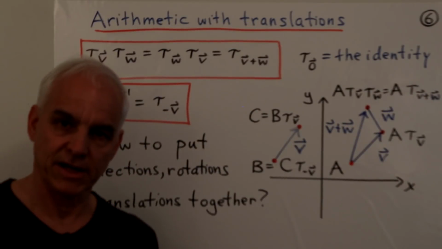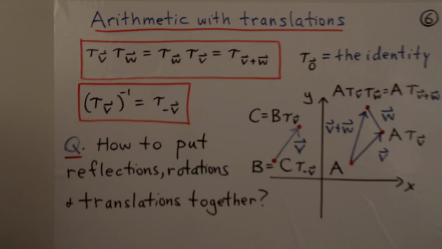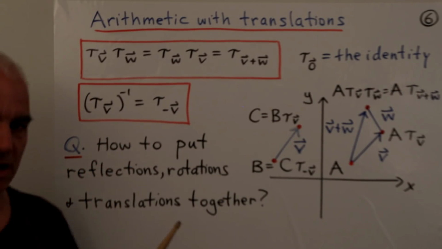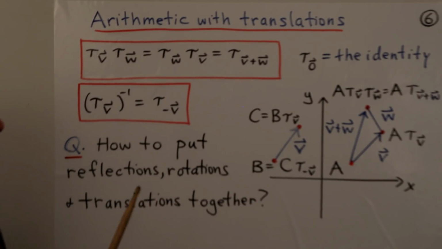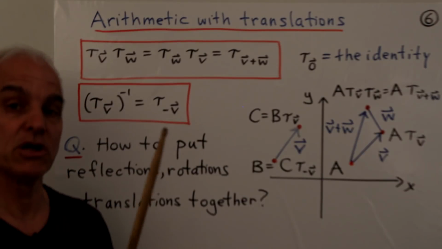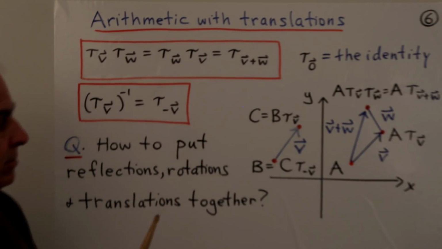And there's some relatively elementary and simple arithmetic with translations. If we have tau sub v followed by tau sub w, so the composition, then that's the same as tau sub w followed by tau sub v. So this is commutative. And in both cases, we get tau sub v plus w.